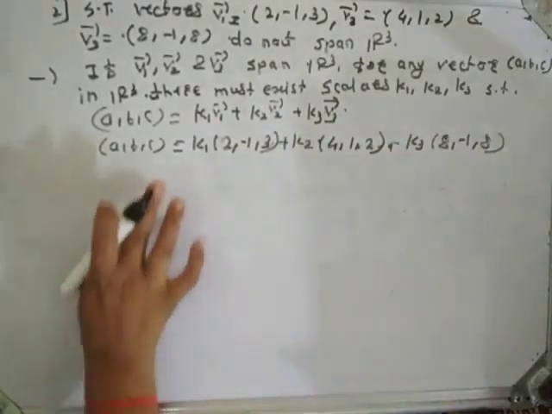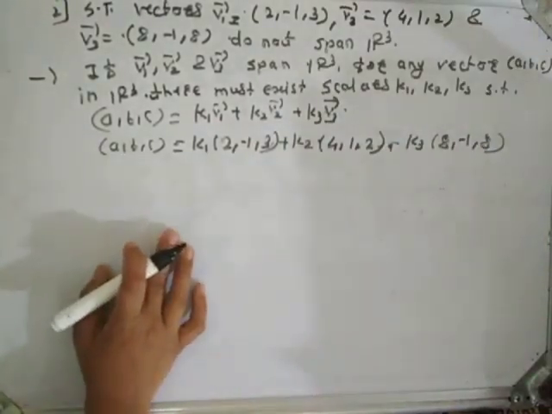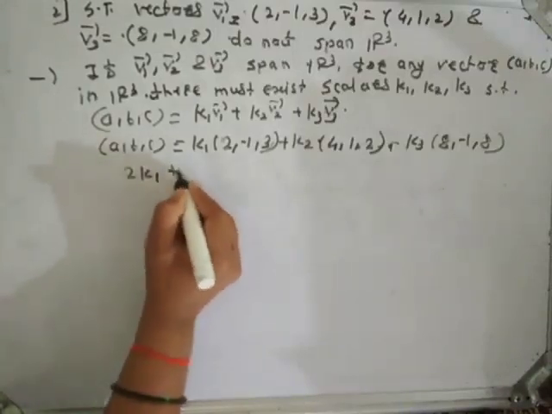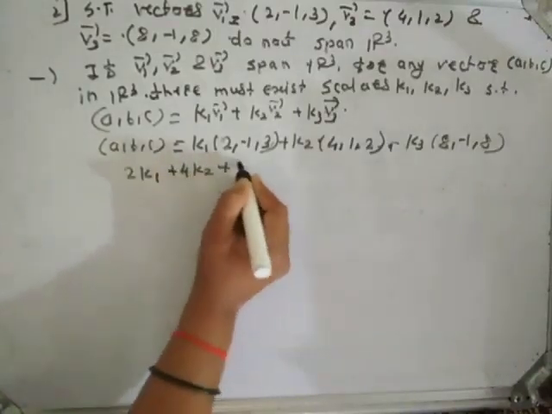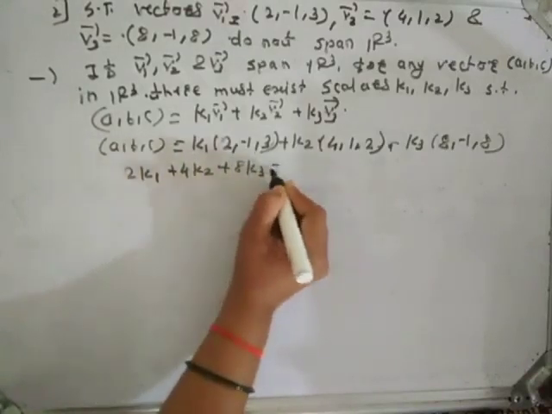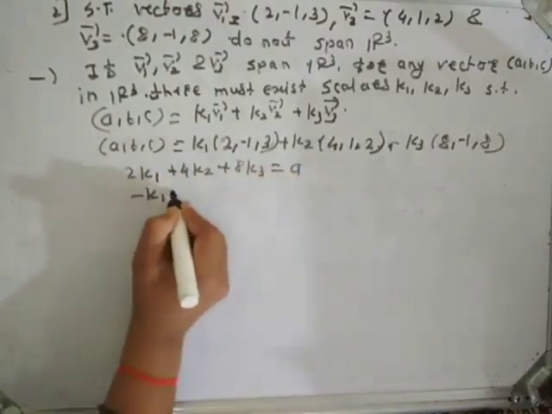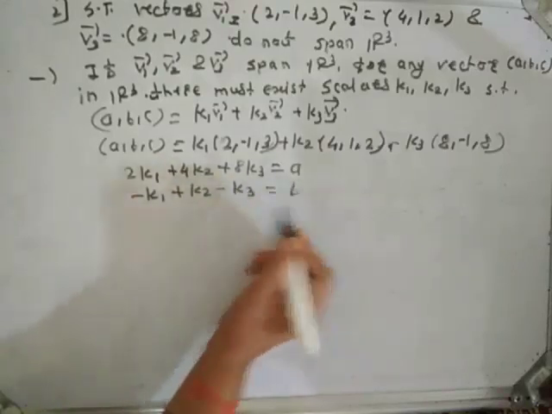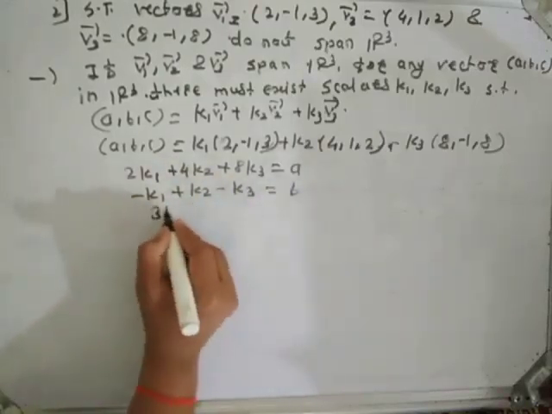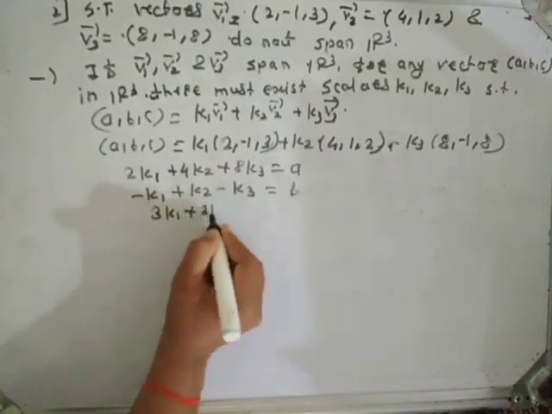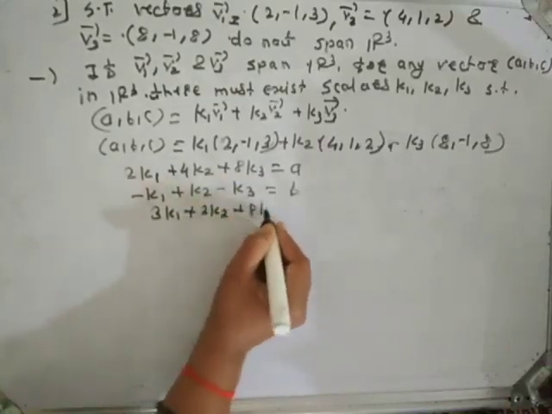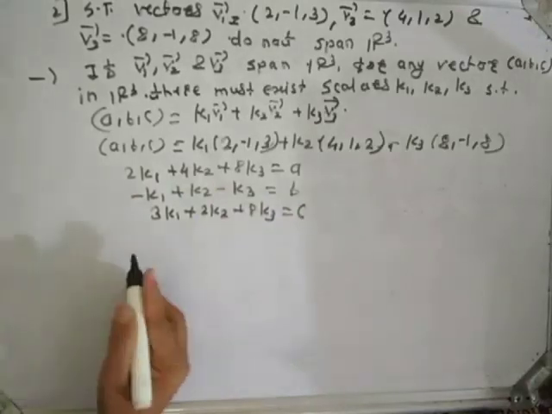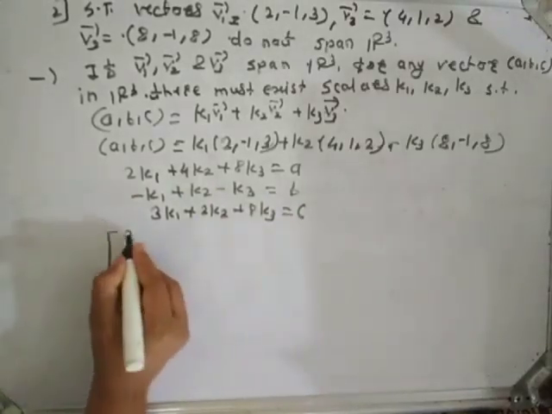Okay. Simplify this and equate corresponding components. We will get 2K1 plus 4K2 plus 8K3 equals A, minus K1 plus K2 minus K3 equals B, and 3K1 plus 2K2 plus 8K3 equals C. Okay. Write down the matrix representation of this system.